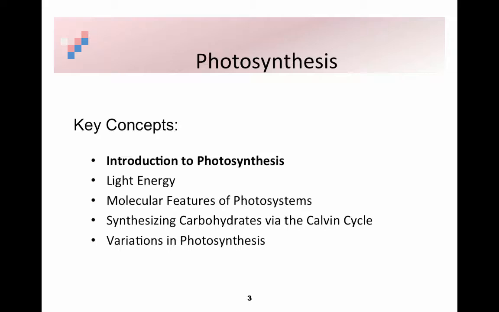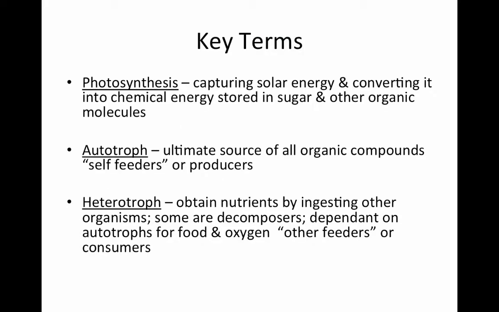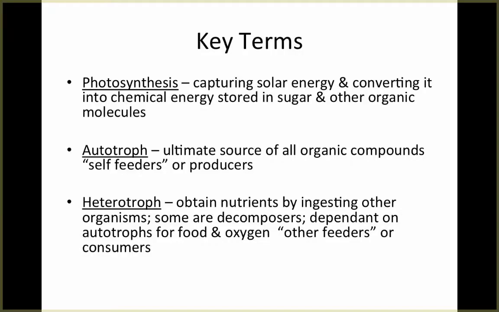So let's start now with an introduction to photosynthesis. We talked about last week, or in our last unit actually, about cellular metabolism. And cellular metabolism is a way for which we can take sugar molecules, or other molecules, and break them down. We're just going to focus on sugar or glucose specifically now, to make the little molecule adenosine triphosphate, or ATP.